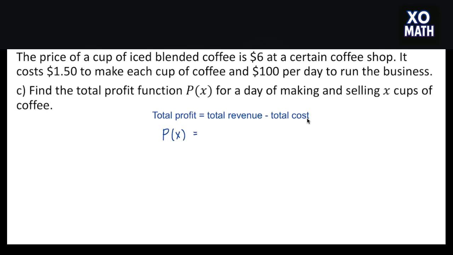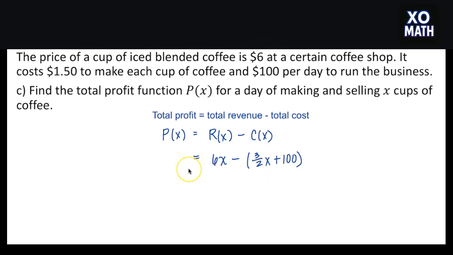We found total revenue in part B, which was R of x, and we found total cost in part A, which was C of x. So let's go ahead and substitute in those functions. R of x was 6 times x minus the cost function was 3/2 x plus 100. I'm making sure to keep that in parentheses because this negative will distribute.